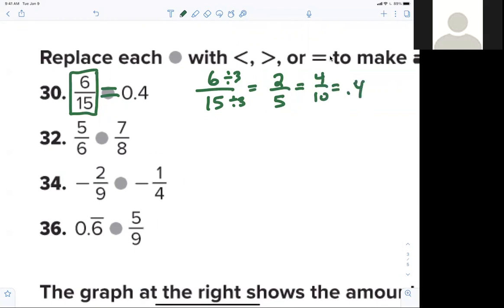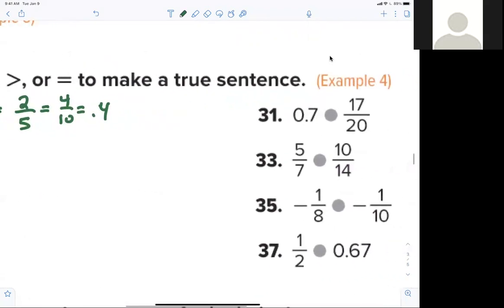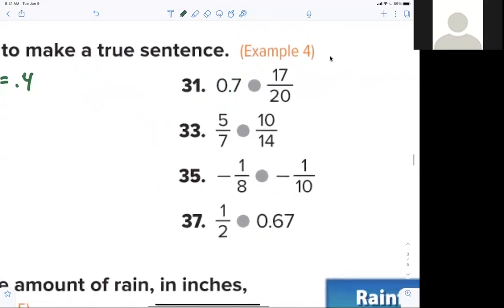Hopefully that made sense. All right, Aiden, tell me what you're thinking. How do I convert 17/20 to a decimal? Multiply by how many? Well, what's 20 times 4? Oh, I mean 5. Yes, sir. Multiply by 5.